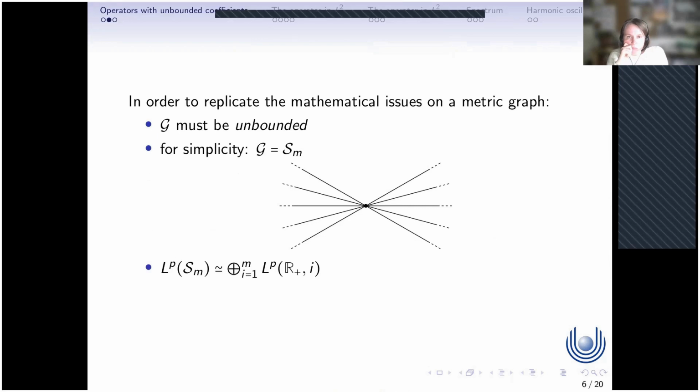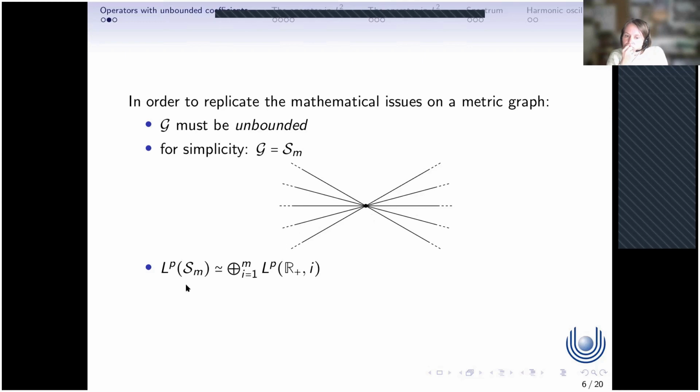And so because we need something unbounded, of course, the most natural way of doing so is to just study infinite graphs, where infinite means not in this case that you have infinitely many edges, but that your finitely many edges have infinite length, so that these coefficients can actually be unbounded. So for simplicity, in this talk and in our paper, we were simply studying star graphs, which are the easiest examples in this class.